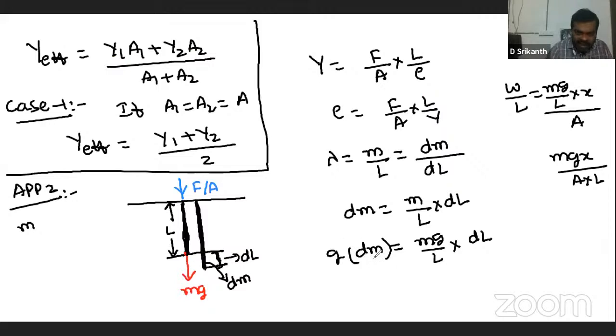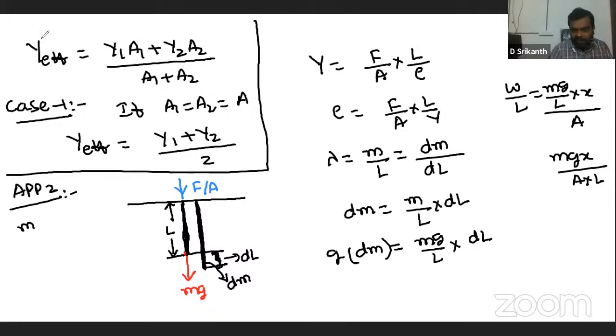So this is the weight of the small part, the total weight W by L times the length of the small part.